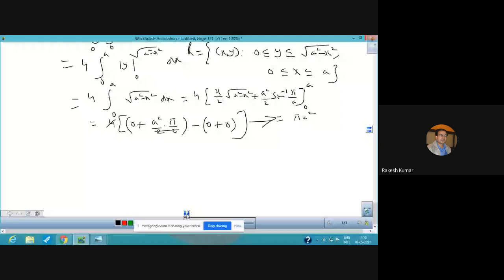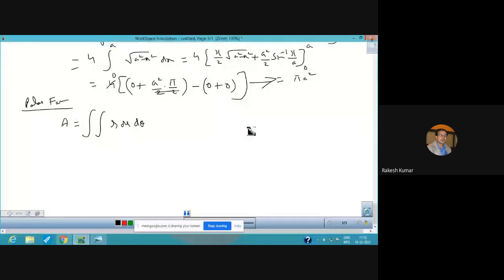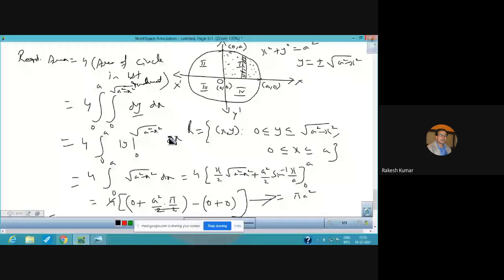Now, the same question can also be done in polar form. And you can find out the area in polar form also, and the formula will be r dr d theta, and you know that we require the limits of theta and limits of r.